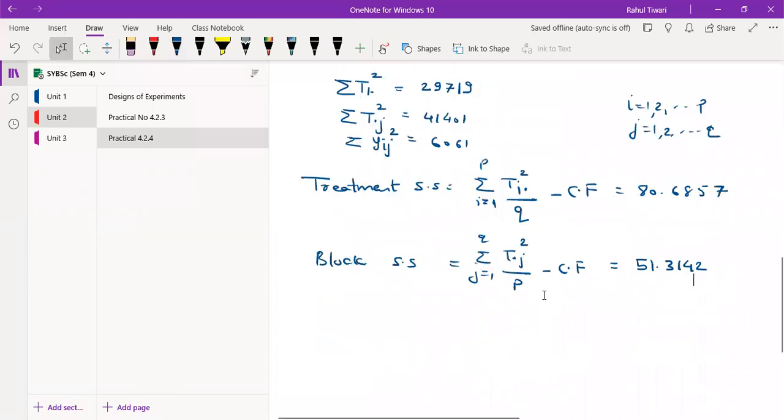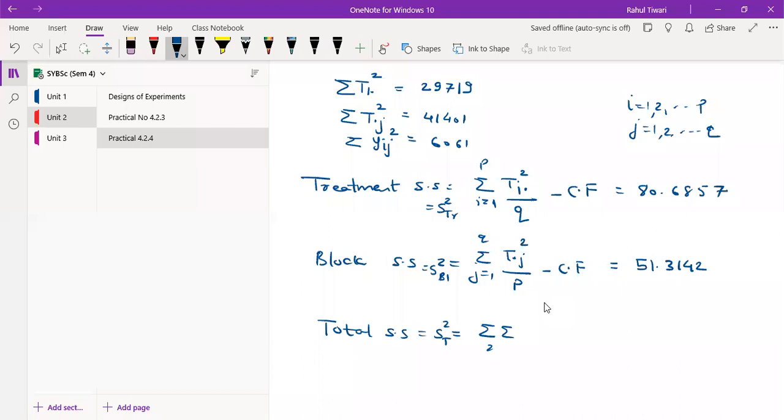And once you get treatment and block, you can find the total sum of squares, which notationally one can also write as S square treatment, S square block, or S square T meaning total, which will be the double summation ij yij square minus CF, which would be 197.8857.